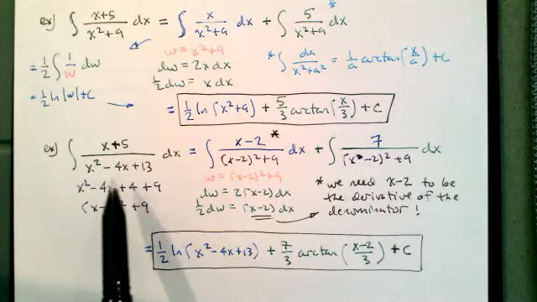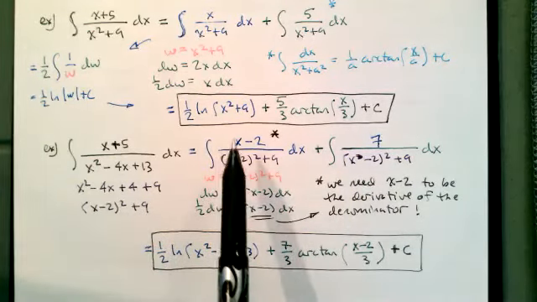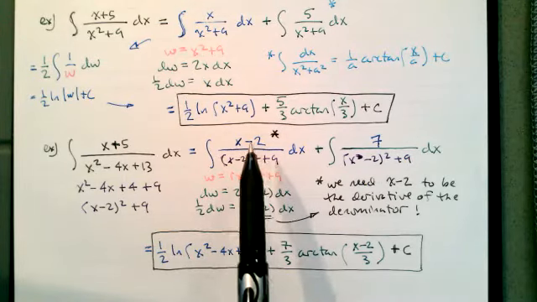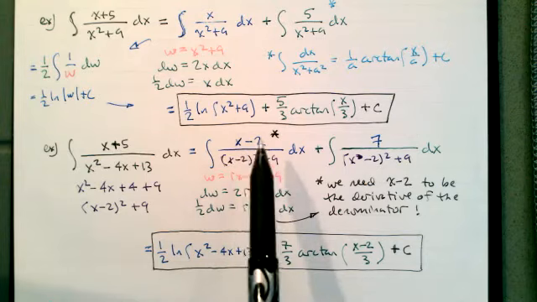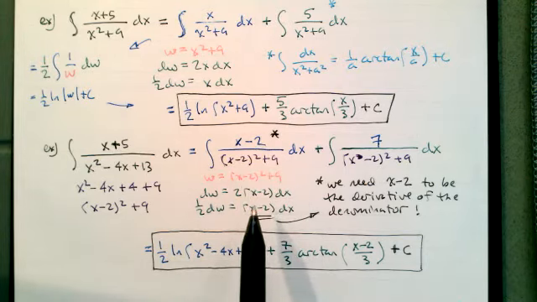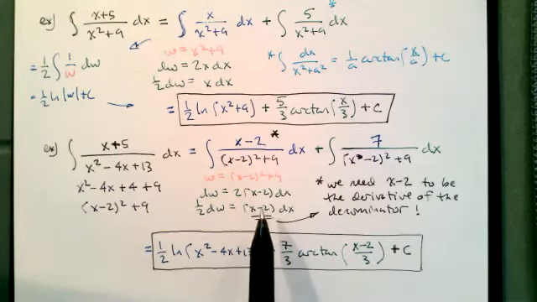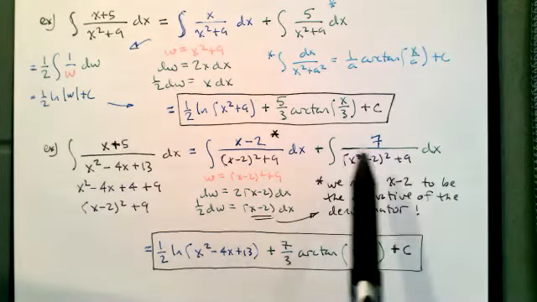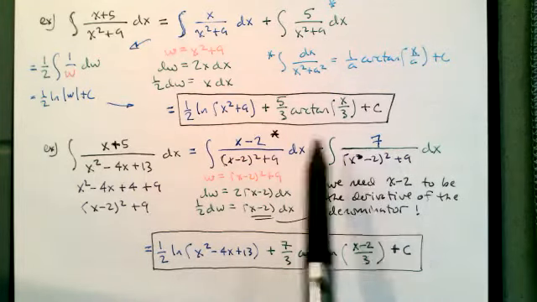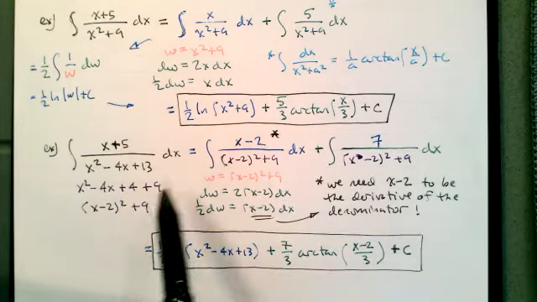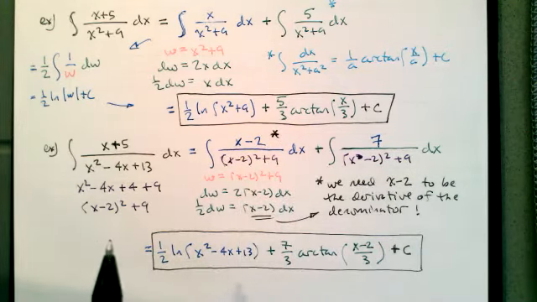But if things are shifted because I had to complete the square, then the derivative of the denominator is going to be different. So I'm going to have to make sure that the numerator matches what the derivative of the denominator needs to be. So make your substitution. That'll tell you what the numerator needs to be. And then the other numerator is just whatever you subtract to get it. x plus 5 minus x minus 2 is going to give us the 7.